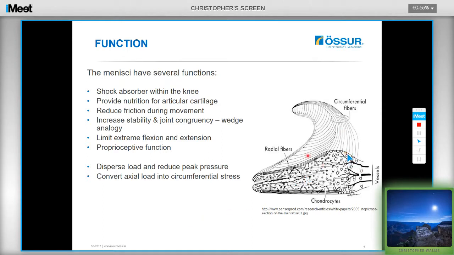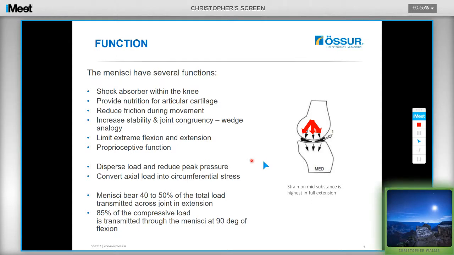So again, when you think of an injury to the meniscus where these circumferential fibres are disrupted, it goes in the reverse. So we want to reduce the axial load because that will actually put stress through these fibres when they're trying to heal. All of this becomes more apparent when we look at the type of surgical procedures that can occur with meniscal injuries.